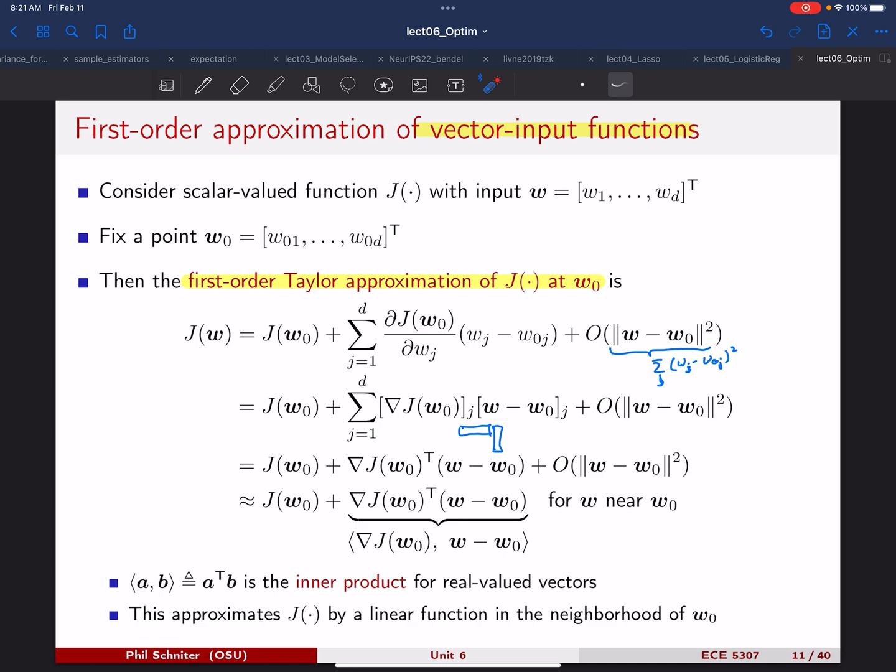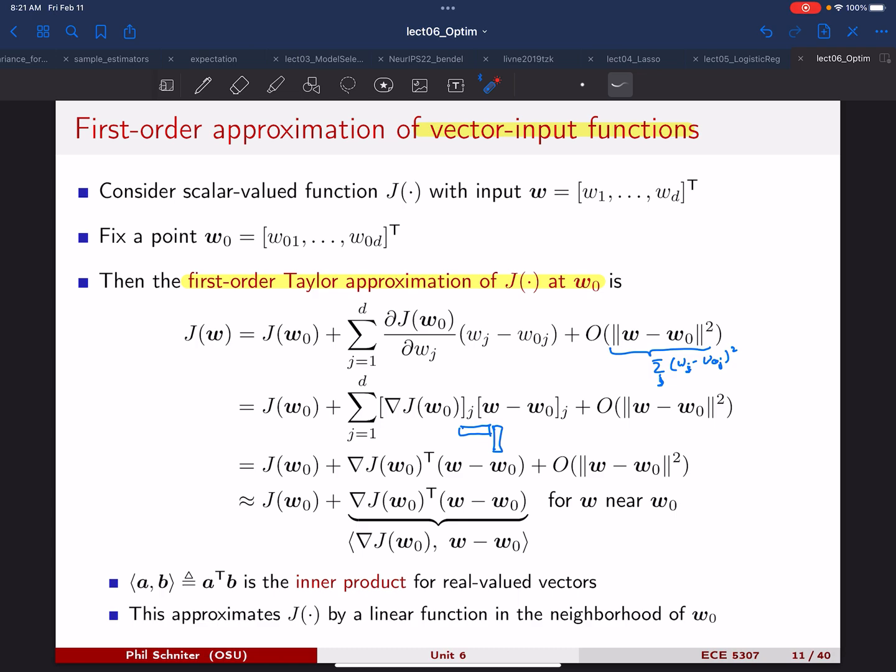And then the last thing we can do is, if I want an approximation, I can get rid of this higher order term and change my equals to an approximately equals. And that gives us this. So we say that this is an approximation, and this is a good approximation for w near the reference point.